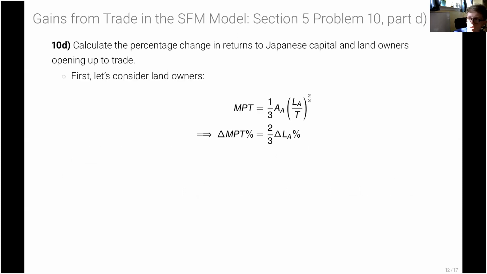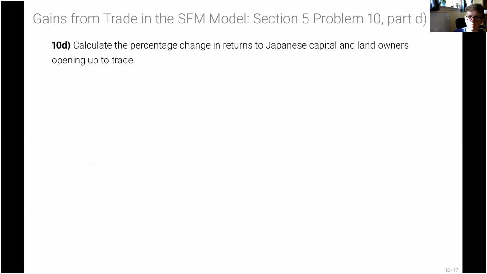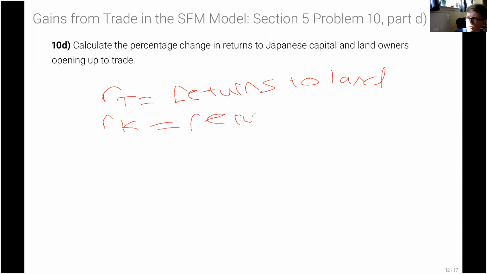And so when we want to think about returns, we're going to write returns to both land and returns to capital. The first one is returns to land. Second one is returns to capital.